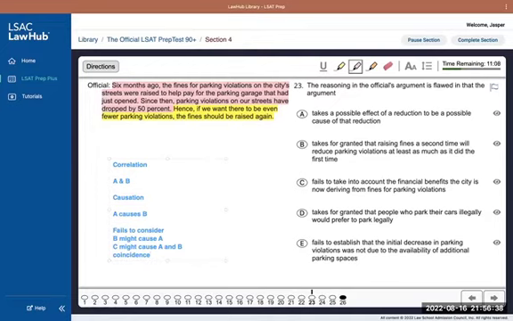So I always want to ask, is it possible that B caused A? Now, in this case, the parking violations dropping can't have caused the fines to be raised because they're on a timeline.